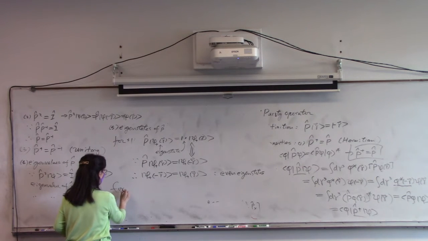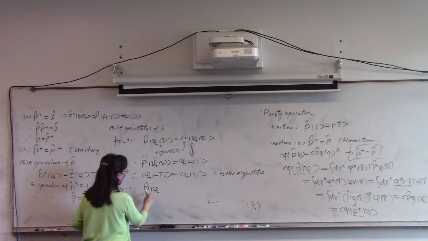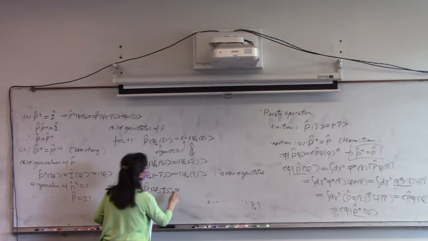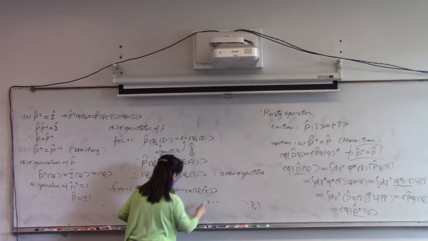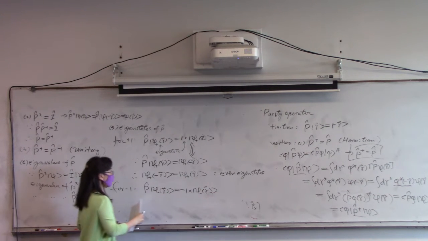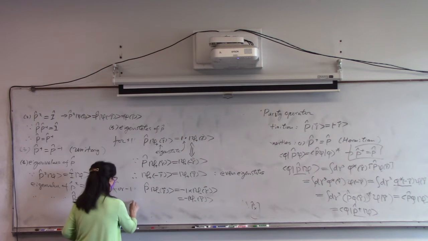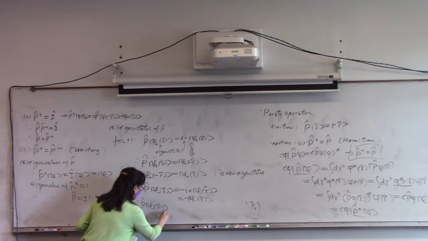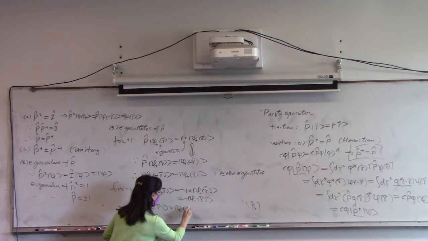Now the next one is for minus 1. To distinguish this eigenstate from the previous one, I'm going to say minus. By definition, it's minus 1 multiplied. Again, because the parity operator reverses r from positive to negative, that gives us minus r.